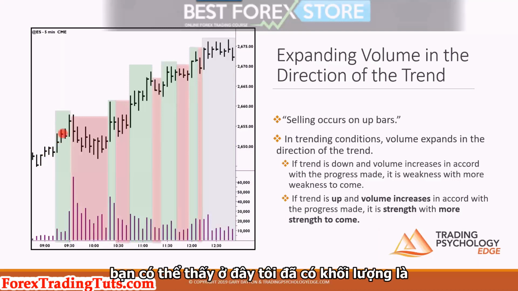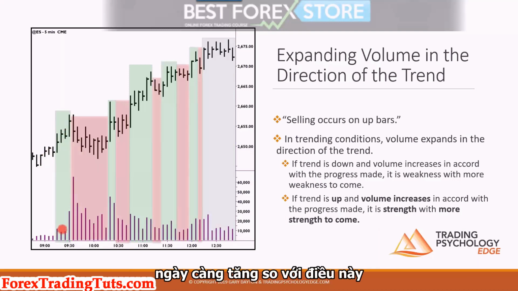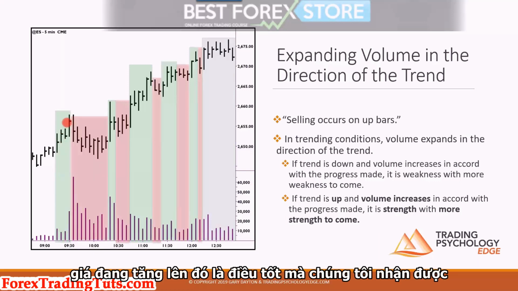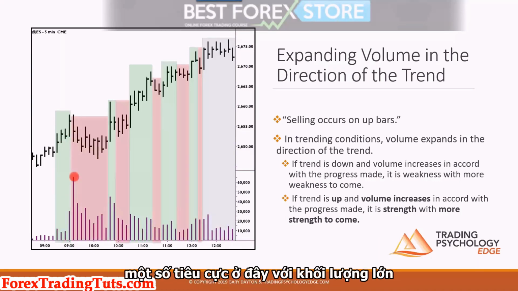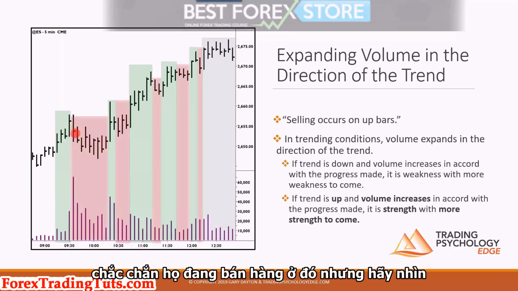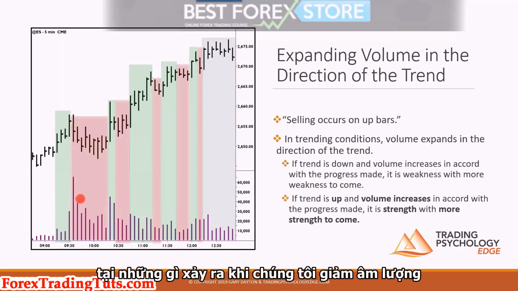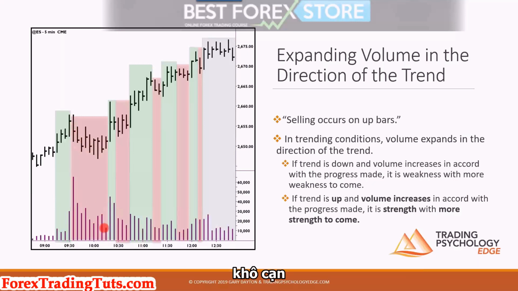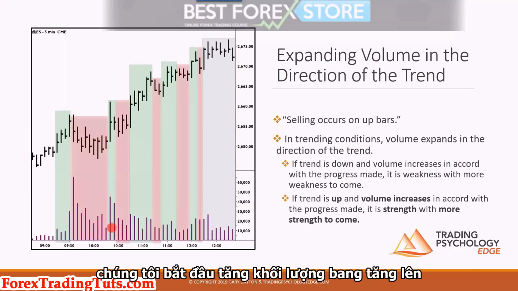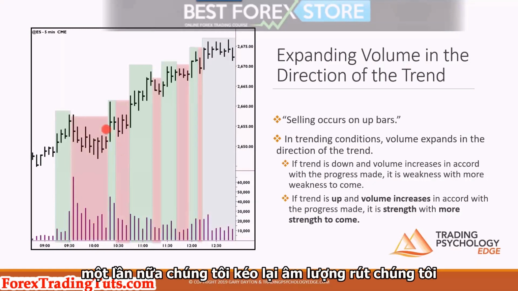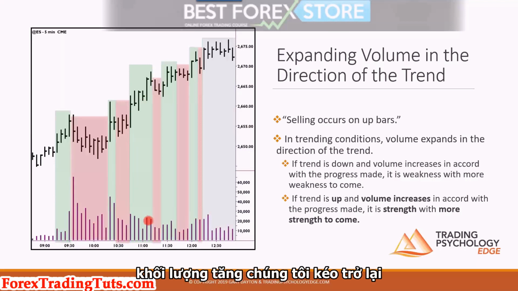You can see here, volume is increasing over this, and price is going up. That's good. We get some negativity in here with high volume. Sure, there's selling on there, but look at what happens as we come down. Volume dries up. We start to rally, bang, volume goes up again. We pull back, volume recedes. We rally, volume increases.